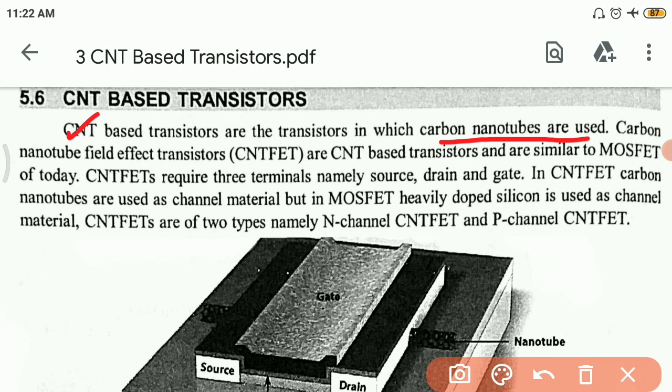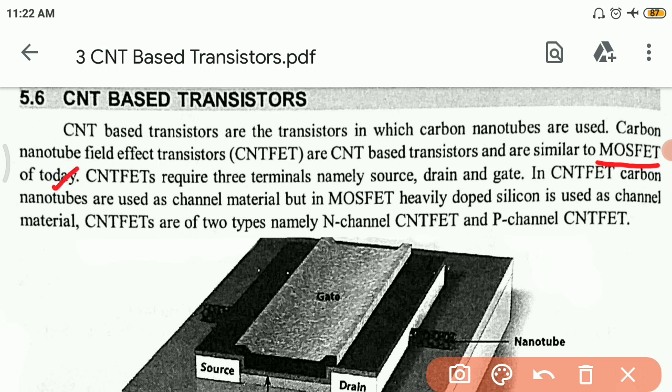So when carbon nanotubes are used, it is called the carbon nanotube field effect transistor, in short CNT FET, and it is very much similar to the MOSFET, that is metal oxide semiconductor field effect transistor. So it is similar to the MOSFET in today's technology.